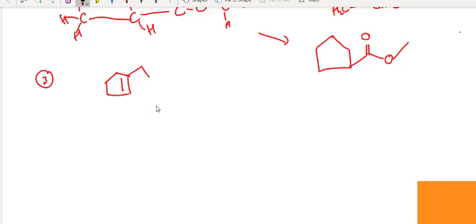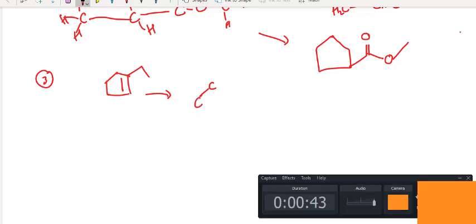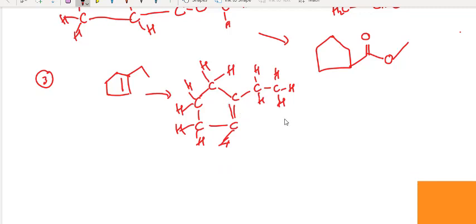This is skeletal structure, and you are going to convert it into expanded. So this is the expanded structure for the skeletal one here. Okay, and then we are going to convert it into condensed structure.